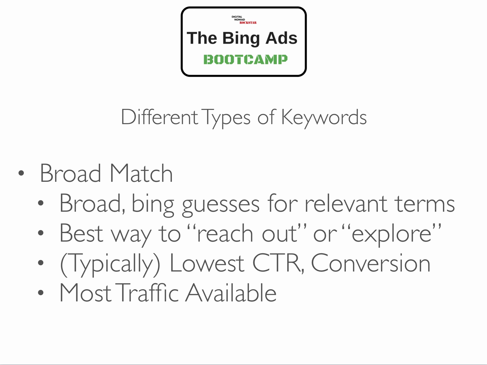Synonyms are a big part of the broad match game. So if someone types auto parts and you're targeting car parts, Bing will still show your ad because they understand how language is set up and what people really want.